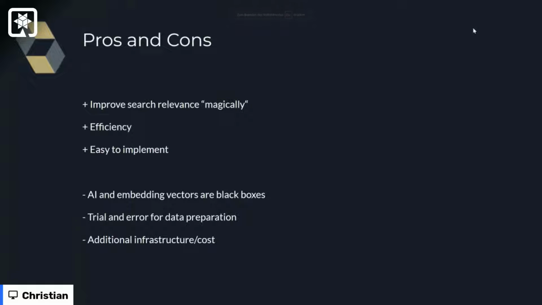So what are the pros and cons of this? It improves search relevance magically. So this is sort of a pro, especially because it's easy to implement. You just have to add one column, the vector column, add an index, and fill that somehow. And then all of a sudden you can search across a wide range of data by simply doing this vector similarity search.